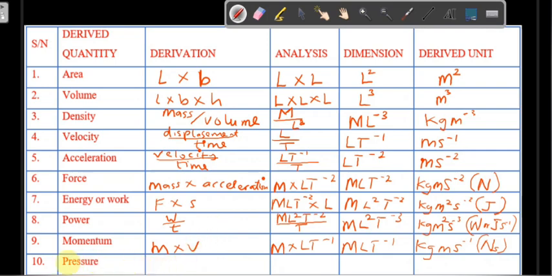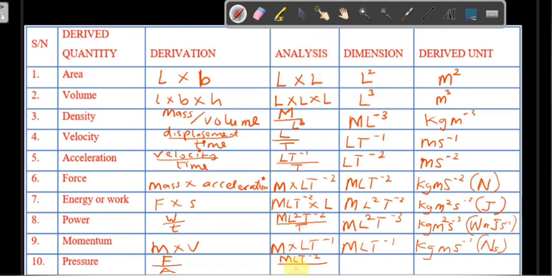Then we have pressure. Pressure is force divided by area. We know the dimension of force is MLT minus 2, divided by area, whose dimension is L squared.